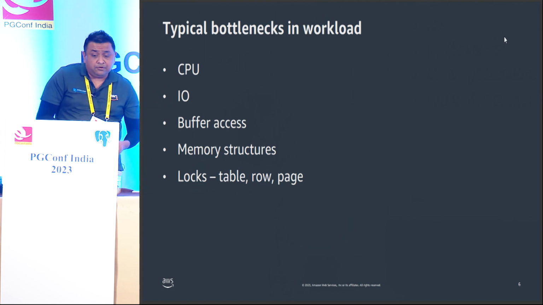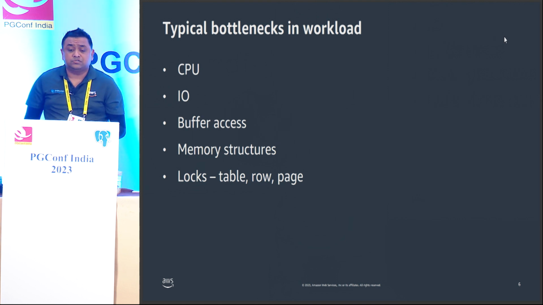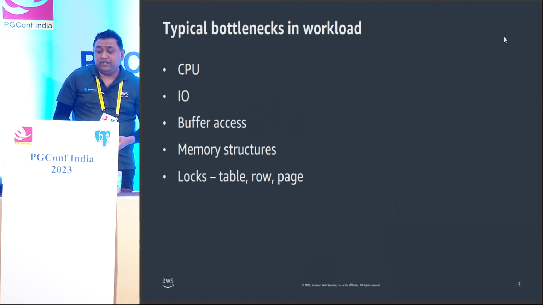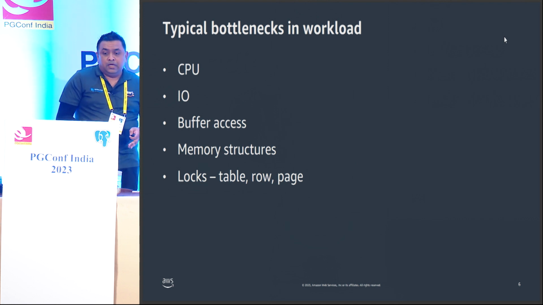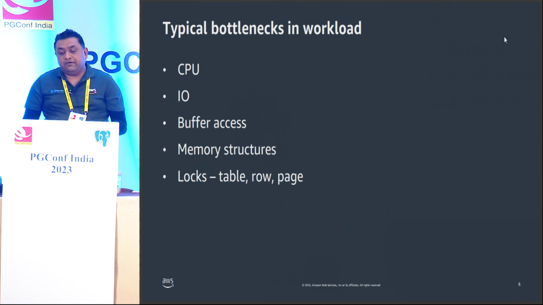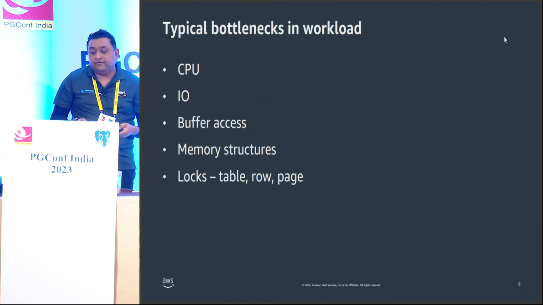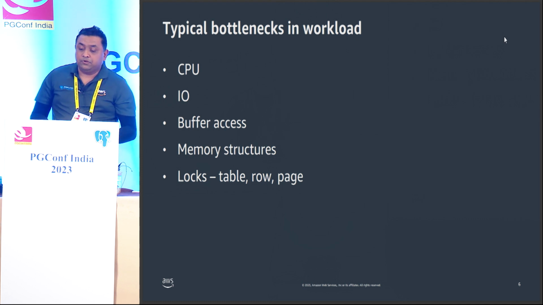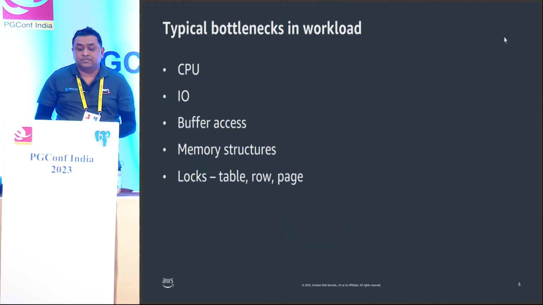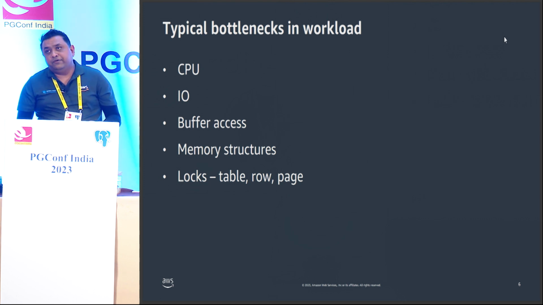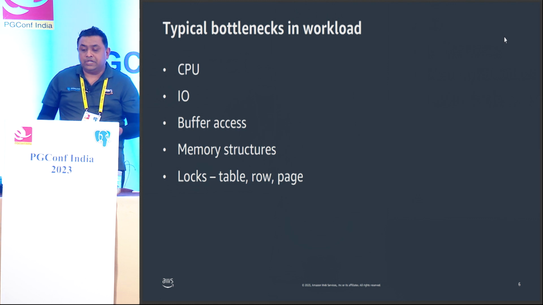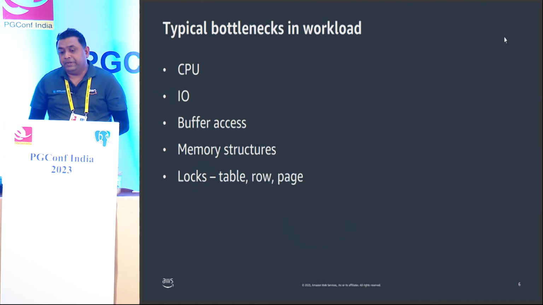Whereas for I/O, the most common bottleneck is where the working set does not fit in memory, or where checkpoints are unable to keep up with the write activity. And you can also have workloads with contention, such as a small set of buffers that are getting modified by concurrent backends, or even lock contention for a hot row or a hot page.